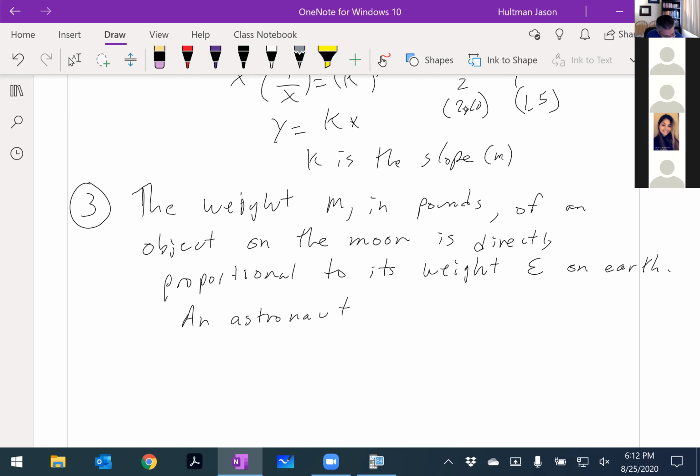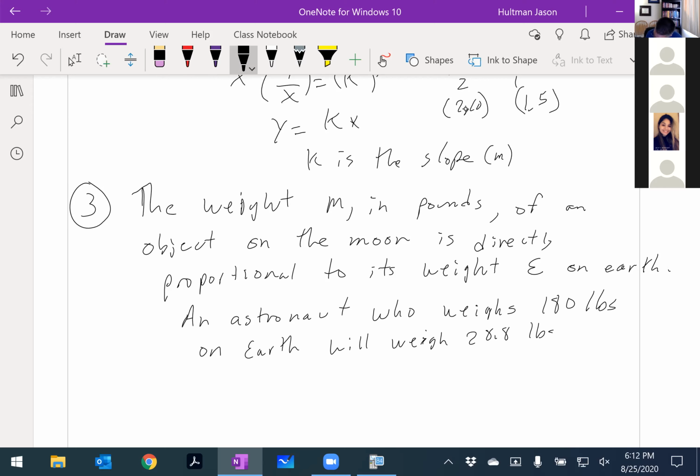An astronaut who weighs 180 pounds on Earth will weigh 28.8 pounds on the moon. Okay, on the moon.